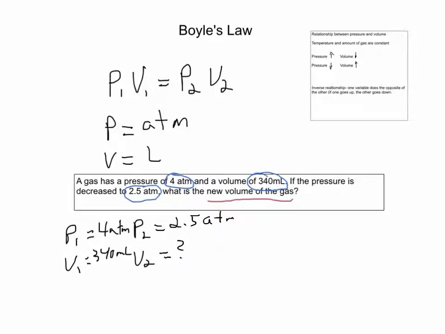Now we have to check units. ATM is fine, but we need this in liters, so we'll convert that to liters, which would be 0.340 liters. And now we can solve the problem. We'll plug 4 for P1, 0.340 for V1 equals 2.5 times V2.